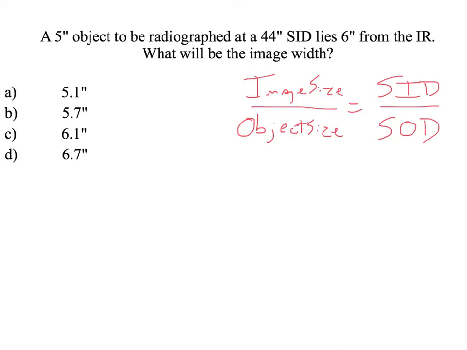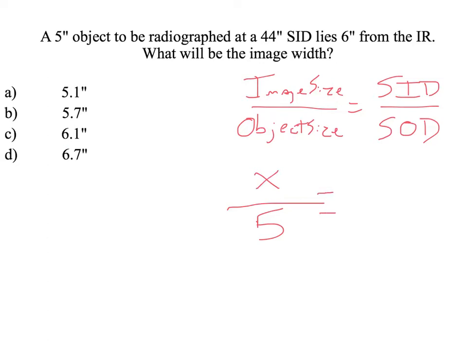So if I plug the numbers into that formula, I have an object that is 5, and I want to know what its image size is going to be. Now, here's where things get a little tricky.